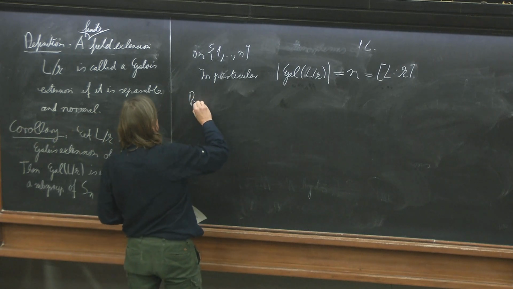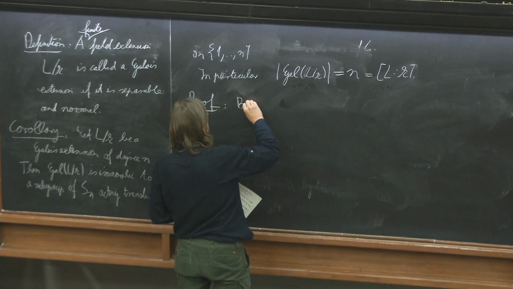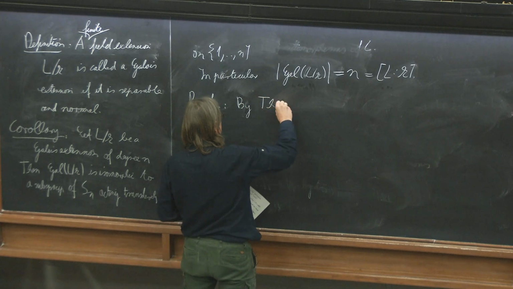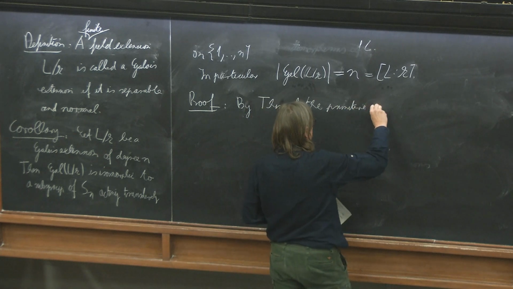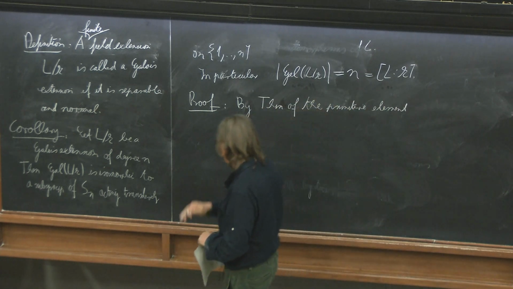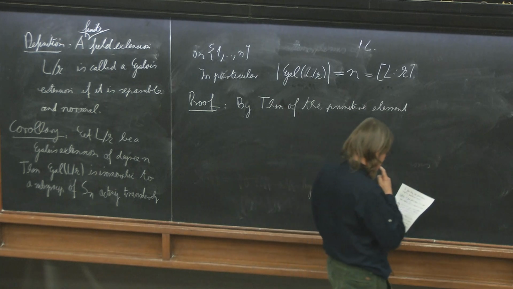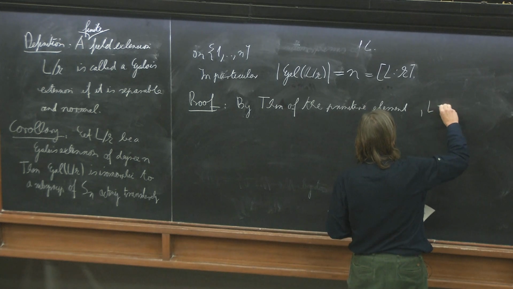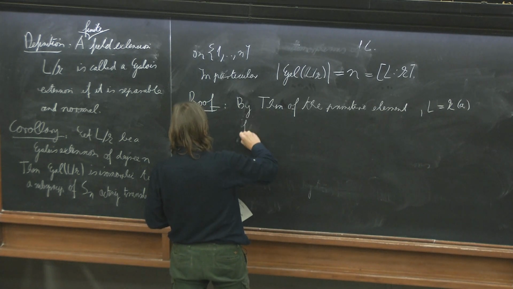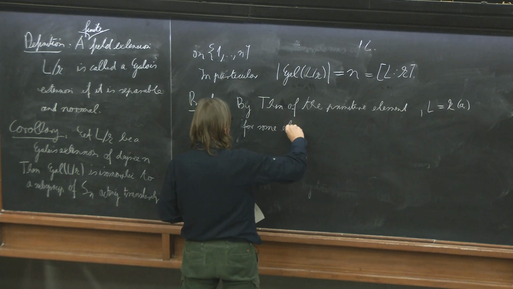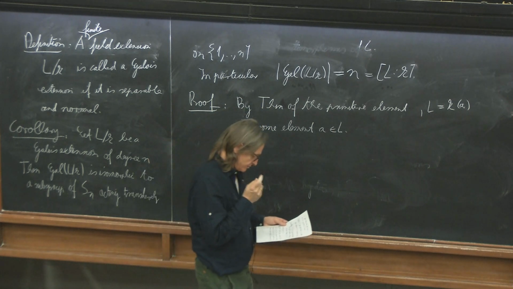So, proof. By the theorem of the primitive element, that's why we have assumed that the extension has to be Galois, so in particular separable, you can write L equal to K(a) for some element a in L, the primitive element.